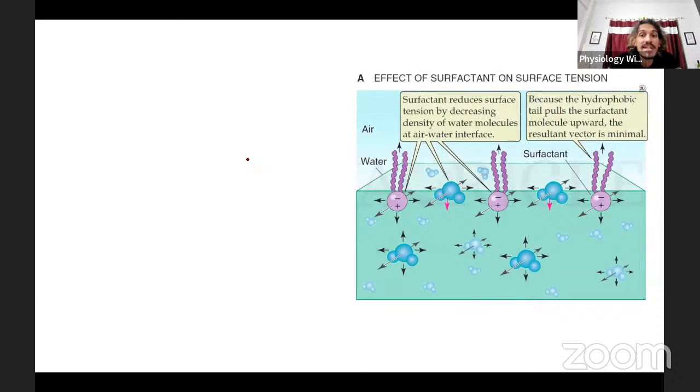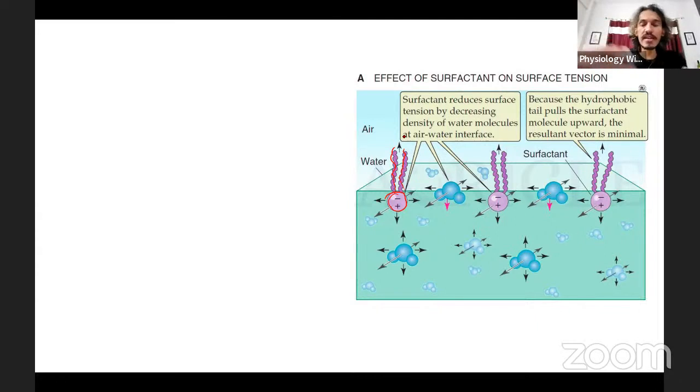Now, what impact does a surfactant create? I told you it's similar to a phospholipid. So it has a hydrophilic head and a hydrophobic tail. The hydrophobic tail is going to go out into the air.